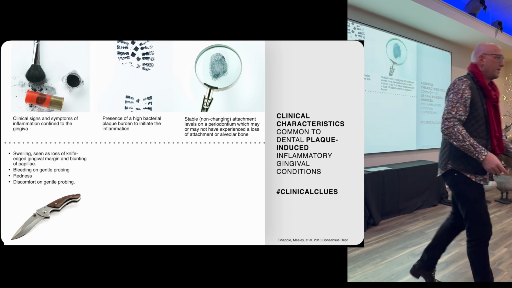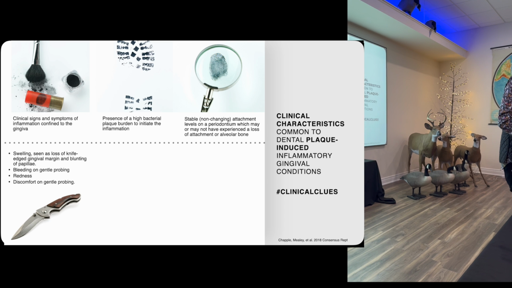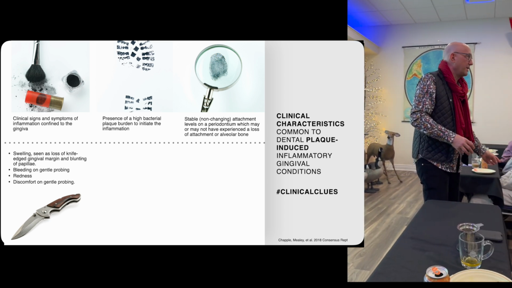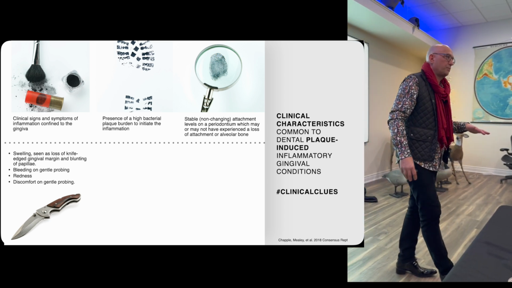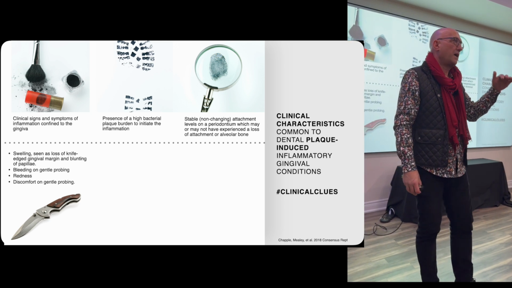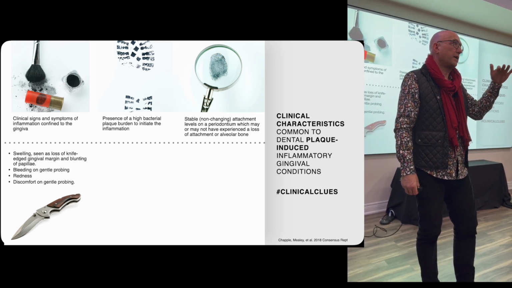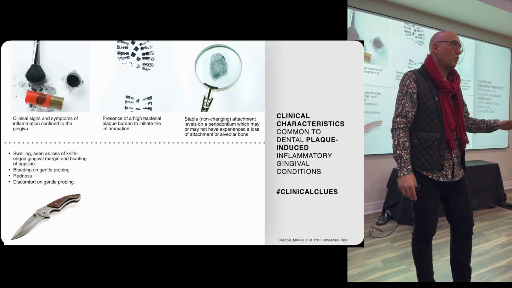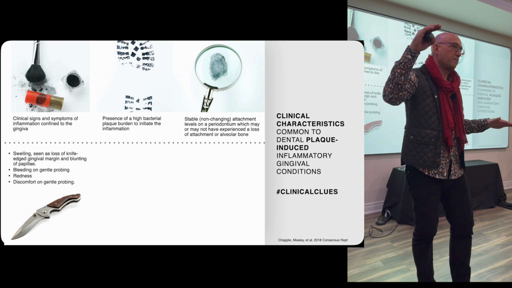But if they just touch and go, ooh, that's really sore, that's a low pain threshold. So they were able to correlate, in this large population, the patients that had a low pain threshold with a higher amount of periodontal disease.